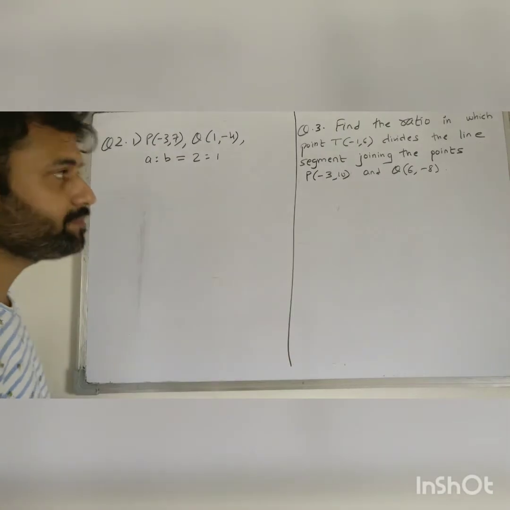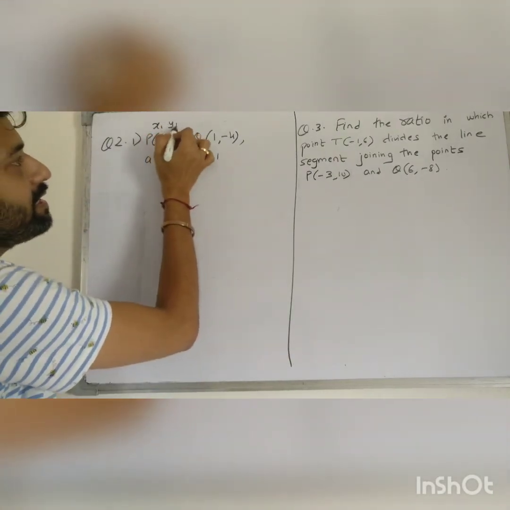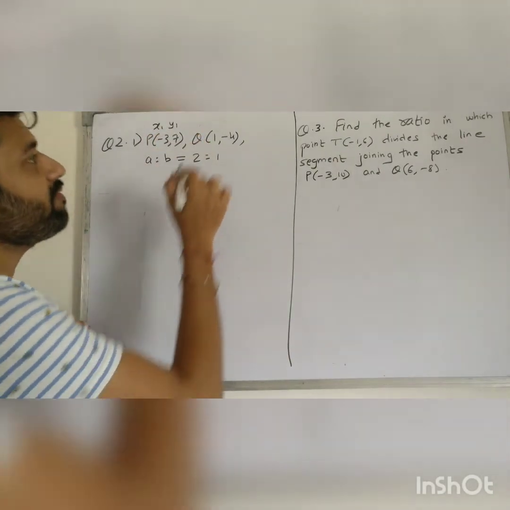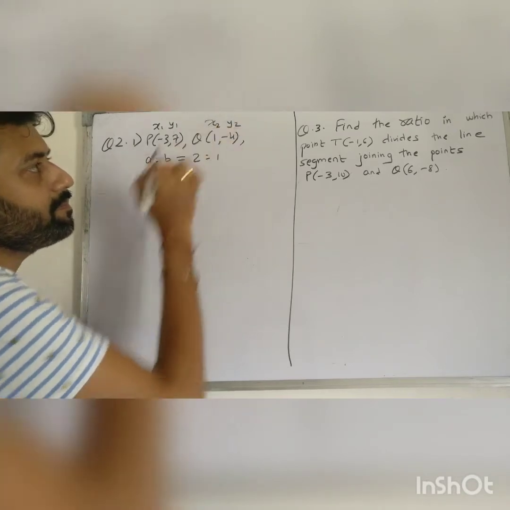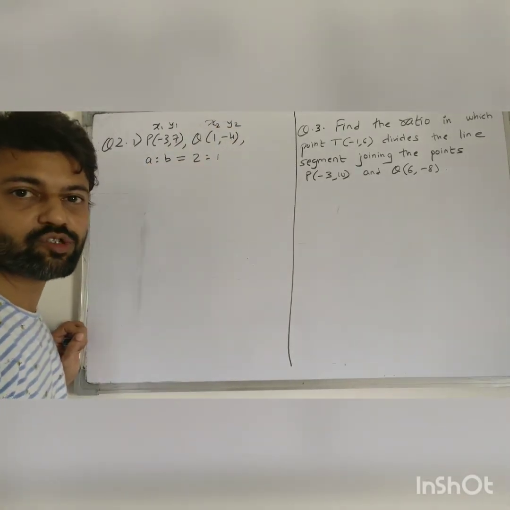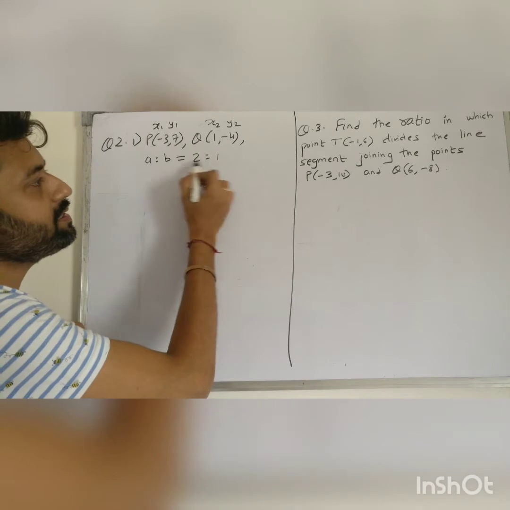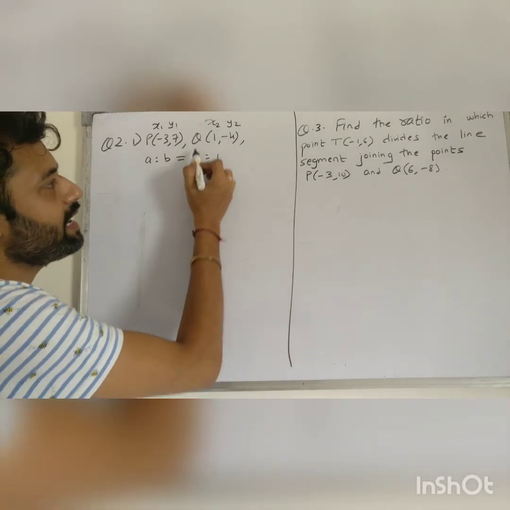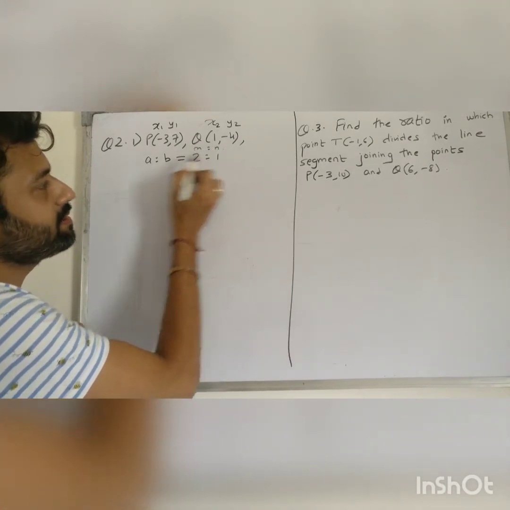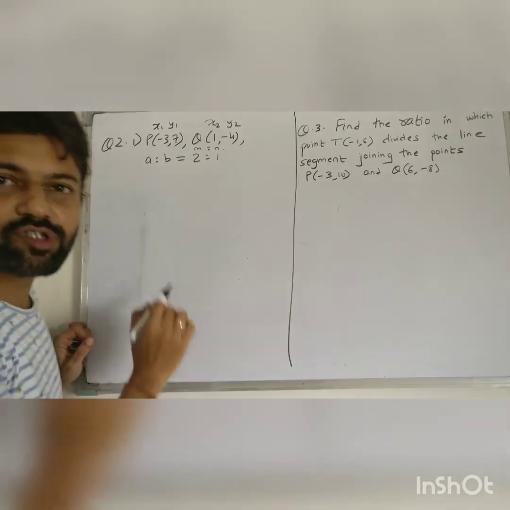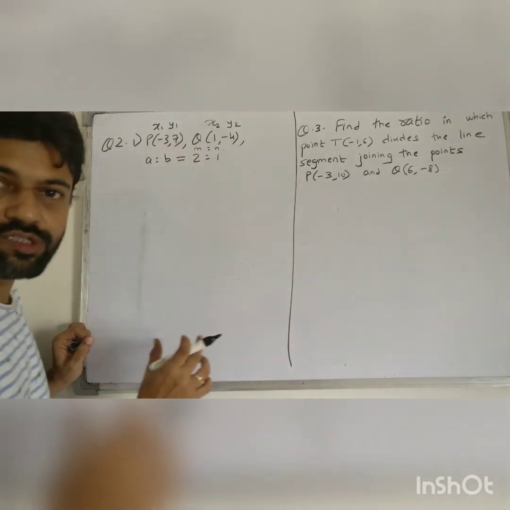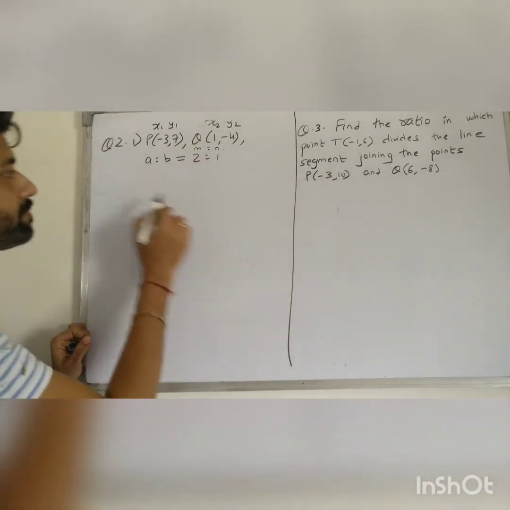Very simple. These are understood as x1, y1 and this will be understood as x2, y2. Remember, this ratio is nothing but m:n. I have just copied the sum. I should always do this whenever I solve it.